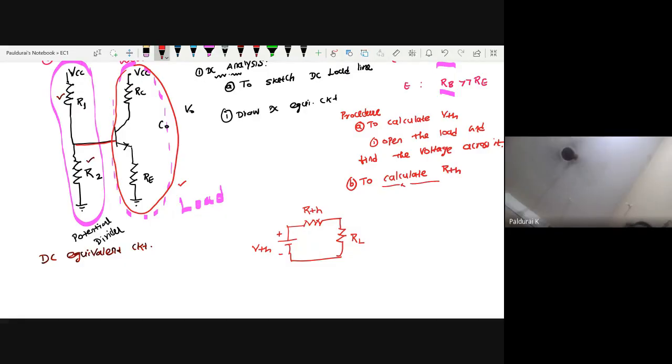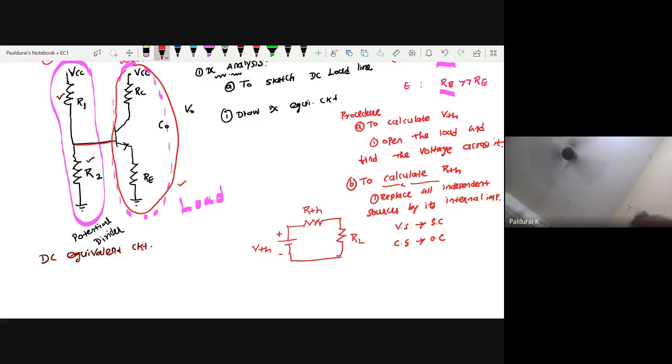So you want to replace all independent sources by their internal impedances, which means you replace voltage source by short circuit, current source by open circuit.